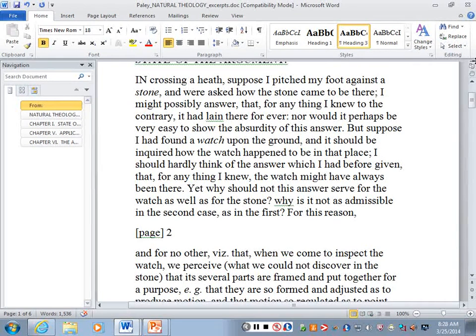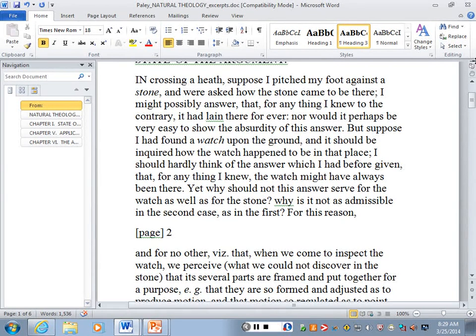He says, for this reason and for no other, that when we come to inspect the watch, we perceive what we could not discover in the stone, that its several parts are framed and put together for a purpose, that they are so formed and adjusted as to produce motion, and that motion so regulated. And he goes into more detail than we want to read about the inner workings of a watch.